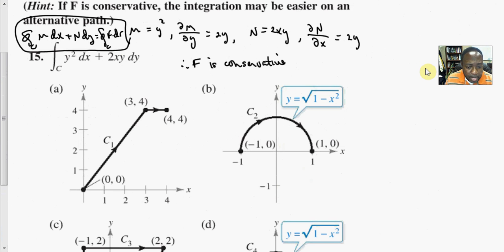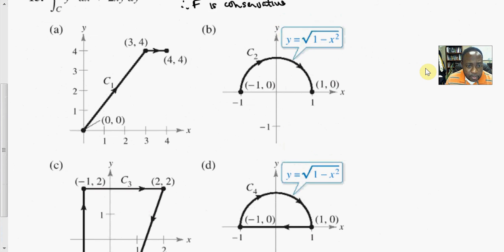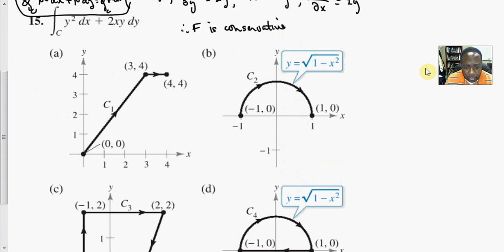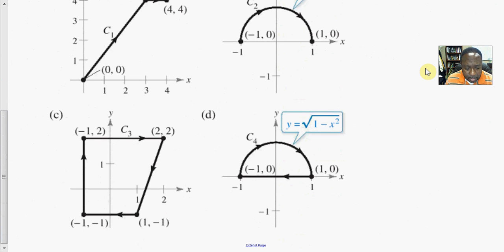So for part A, you want to compute the line integral. I'm trying to see where I can squeeze it. I guess I'll put it down here.